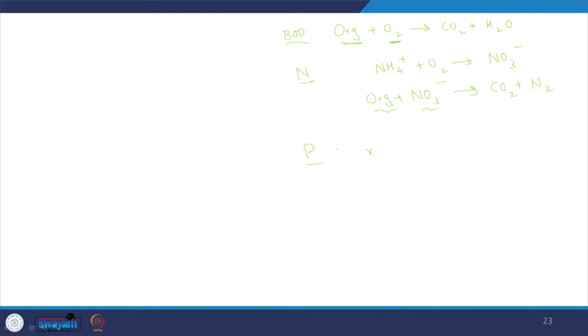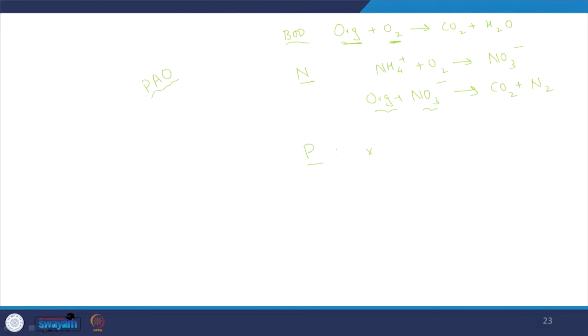Here we are trying to let a certain kind of microbes thrive, and the microbes that we are trying to propagate here are called phosphorus accumulating organisms. As the name indicates, these microbes can accumulate phosphorus, but these are specific microbes.